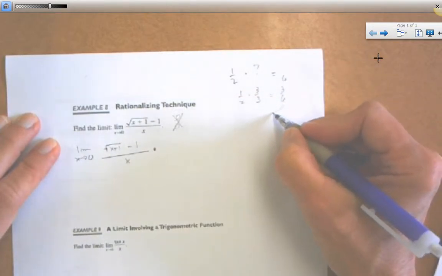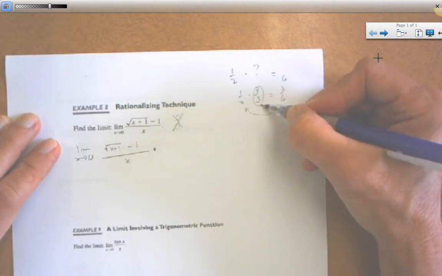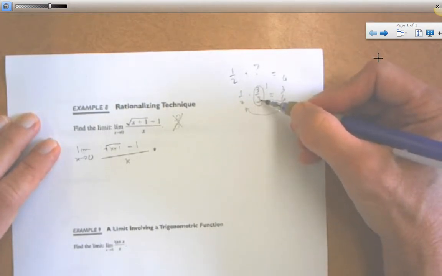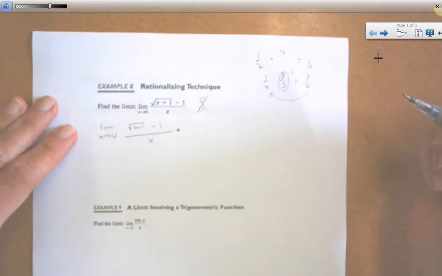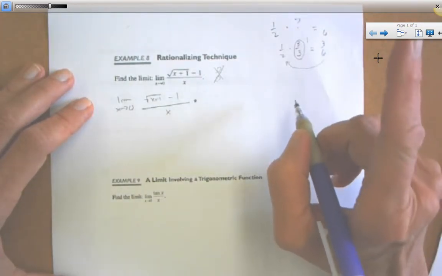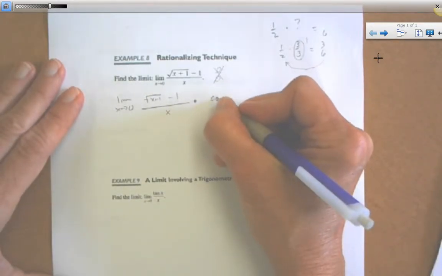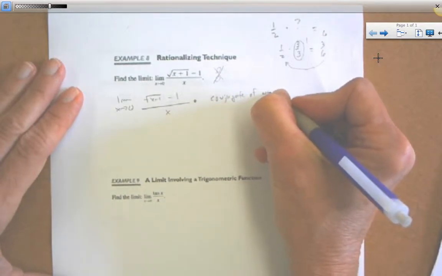You know 3 over 6 simplifies to 1/2. 3 over 3 is really just a form of 1. But I can multiply by 1 to change the form of 1/2 to make another fraction. I'm going to use the same process here. I'm going to multiply by 1 but I'm going to change the form of this fraction so I can use direct substitution. You're going to multiply by the conjugate of the numerator.